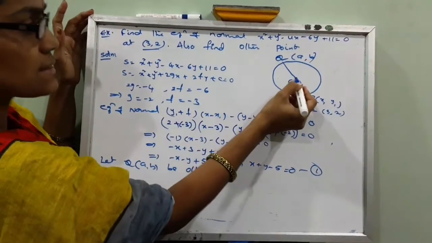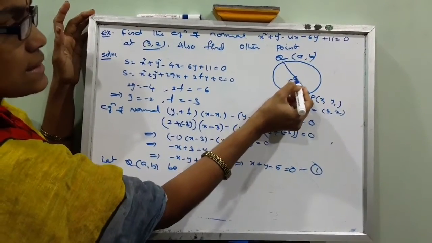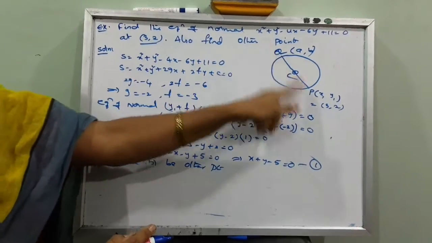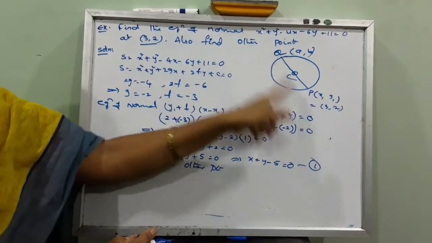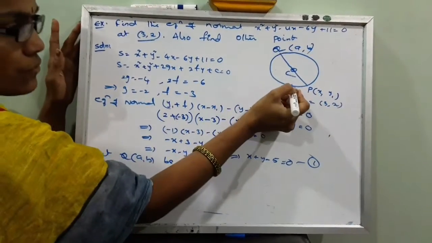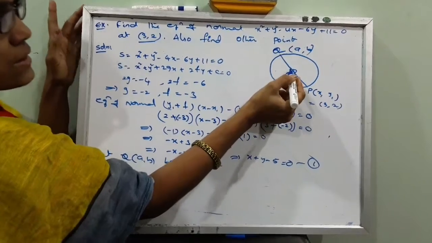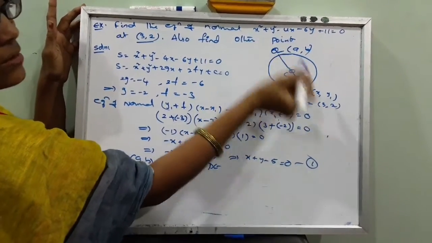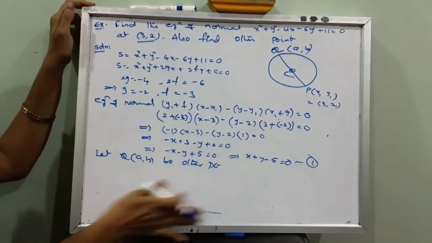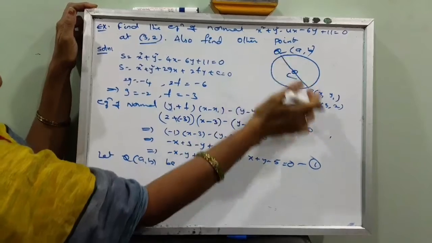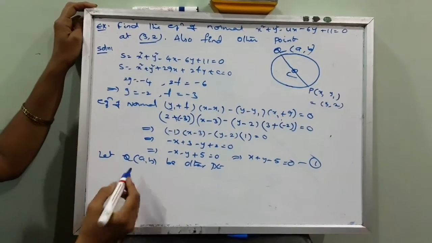So here center C is the midpoint of PQ. From the diagram, what we observe is C is the midpoint of PQ. Formula for midpoint is (x1 plus x2) by 2 comma (y1 plus y2) by 2.